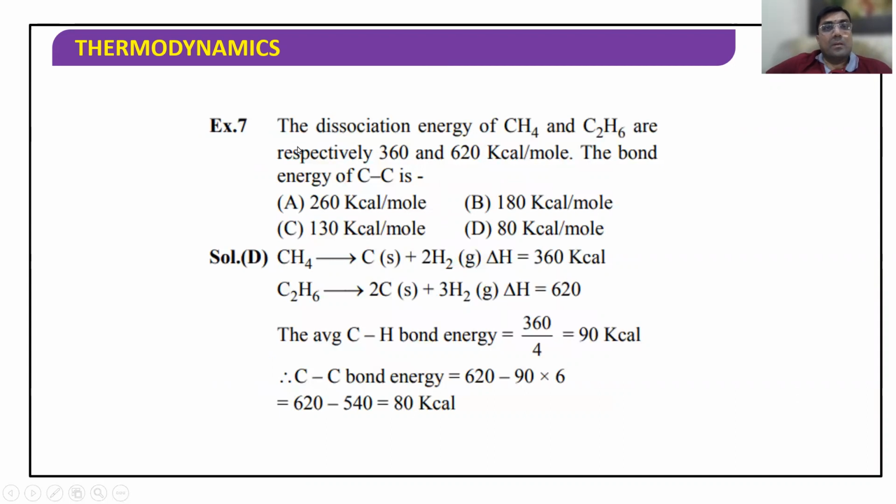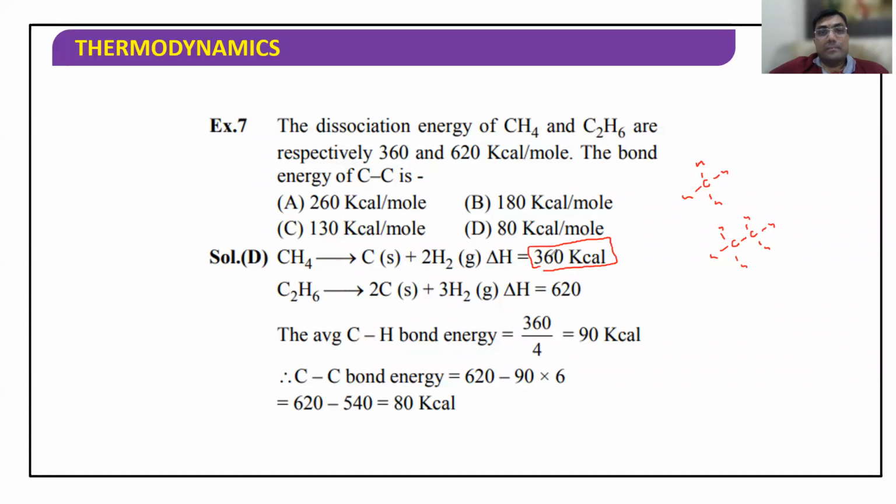Now, the dissociation energies of CH4 and C2H6 are 360 and 620. The bond energy of C-C is asked, a very interesting question. See, this is CH4 and this is C2H6. From this, how much is coming? 360 kilocalories is coming.